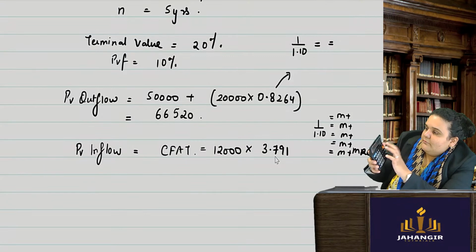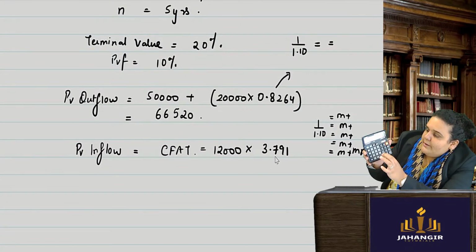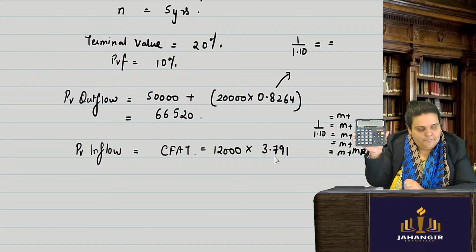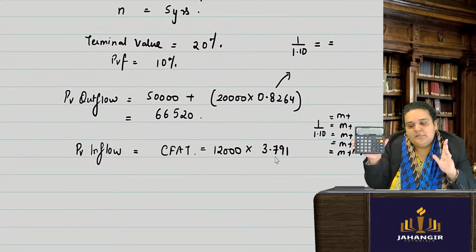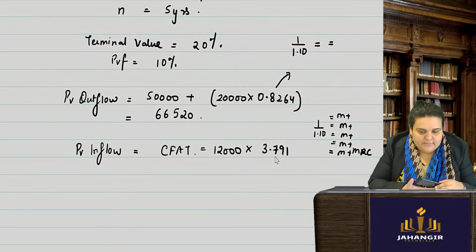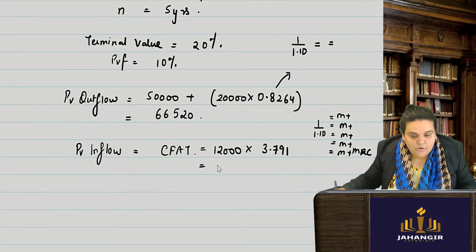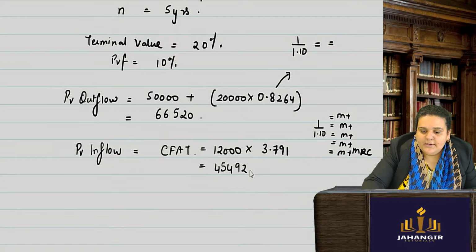We'll do it again. 1 divided by 1.10 is equal to, M plus, is equal to, M plus, is equal to, M plus, 3.790, 5 times, and last will be the MRC. So my cash flow after tax present value is coming to 45,492.